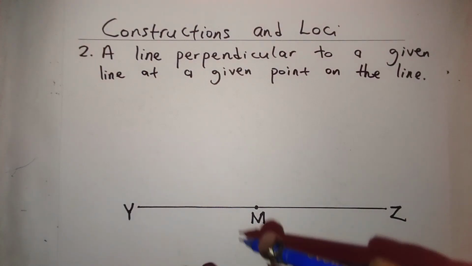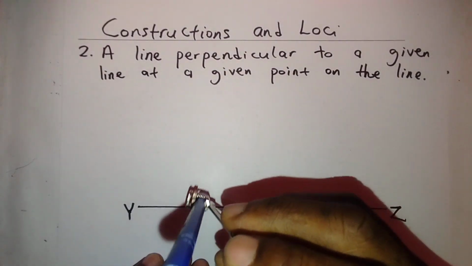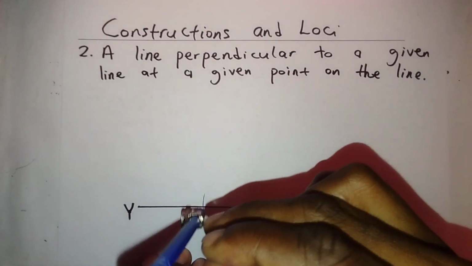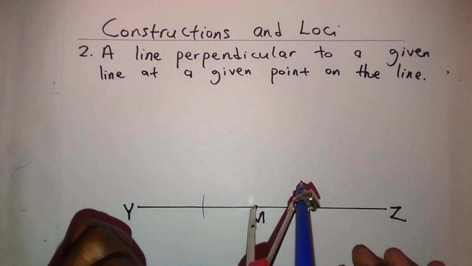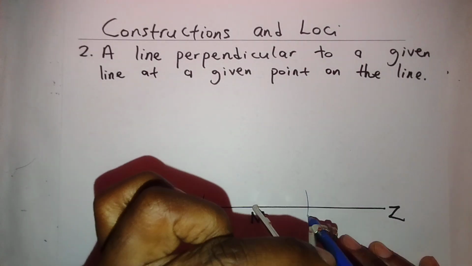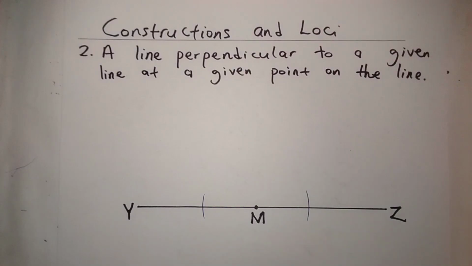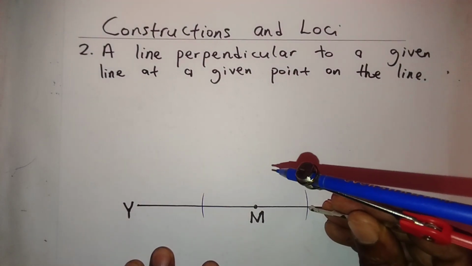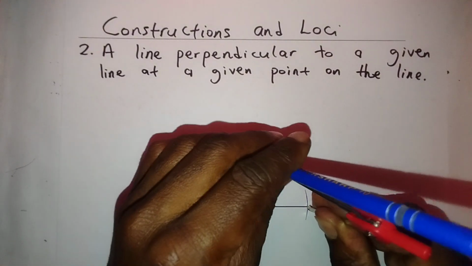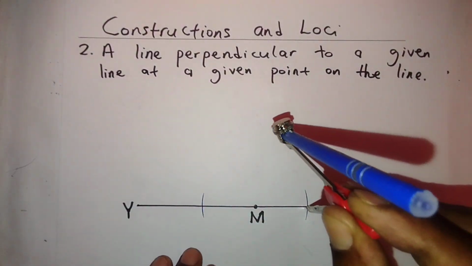So with M as my center and a suitable radius, I'll construct 2 arcs, one on the left and the other one on the right of M, like this. Yeah, the 2 arcs, and with the points of intersection of these 2 arcs and the line YZ as my centers, I'll construct, here you can change the radius if you want.